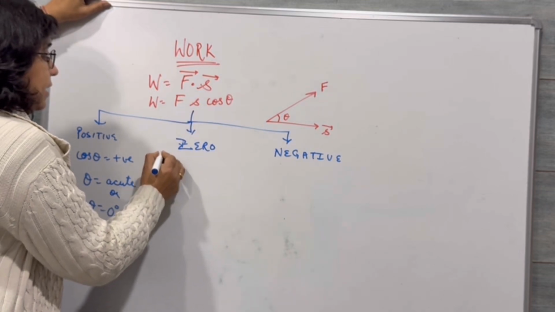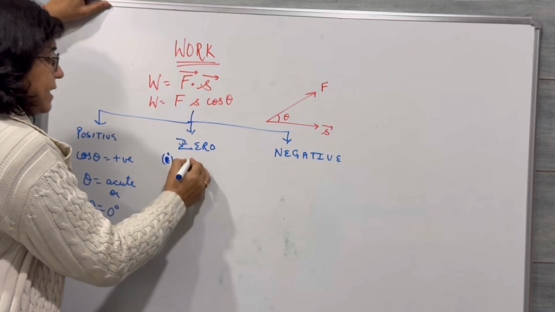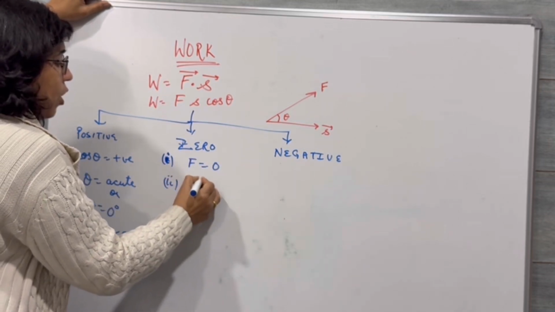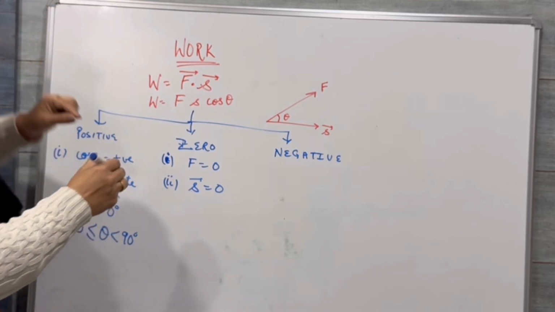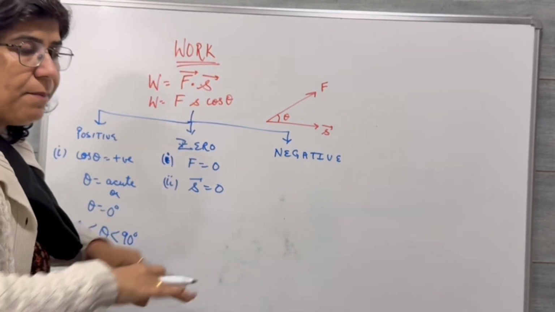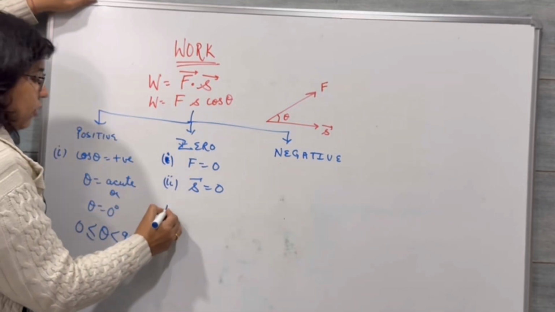When is work done 0? That is when either force applied is 0 or displacement is 0. That is, you start from a point and after going through the whole journey you come back to the initial point. Even then your work done will be 0.